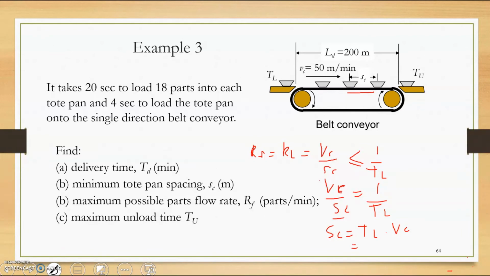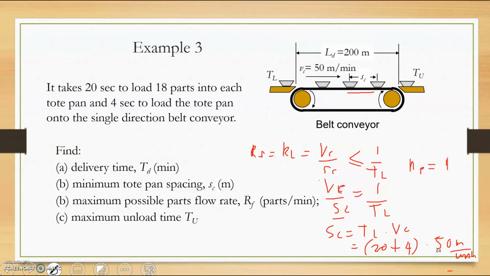This formula is for NP equals 1 because we treat the single tote pan as 1 part per carrier. So TL equals 20 seconds plus 4 seconds, times VC, 50 meters per minute.